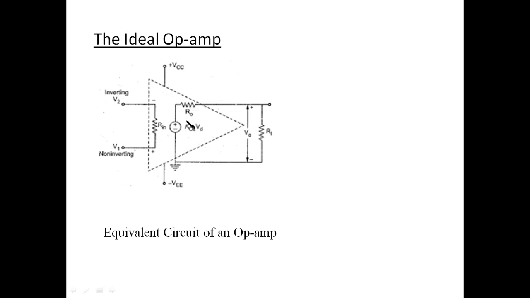The value of input resistance Rin is finite here, and that of the output resistance Ro is non-zero, because the op-amp is non-ideal.